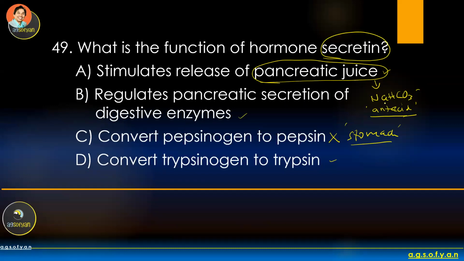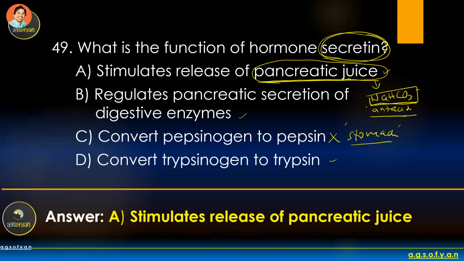There should be substance that will neutralize that acid in the small intestine, and that substance is called the sodium bicarbonate, which is present in the pancreatic juice, and it will neutralize the acid. And this production of this pancreatic juice is stimulated by hormone secretin produced by the small intestine.